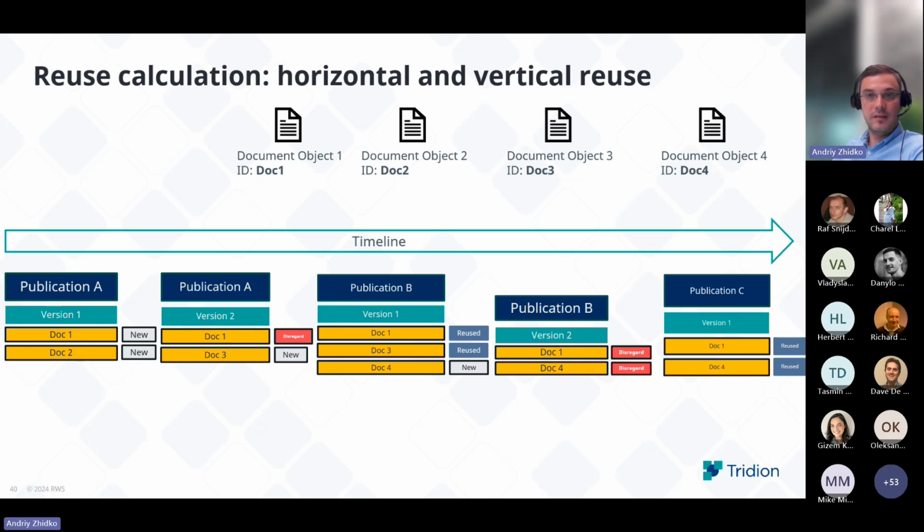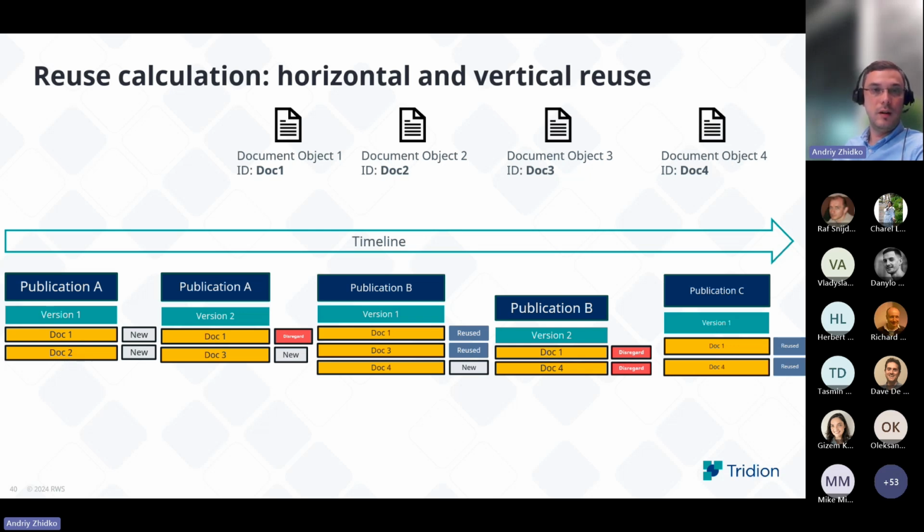So everything that is inherited from the previous version is marked in our implementation with a special internal status called disregard, and it's not taken into account during the calculation process. But when you are adding new content to your publication version, this content is counted during reuse calculation. Let's take a look at the example.